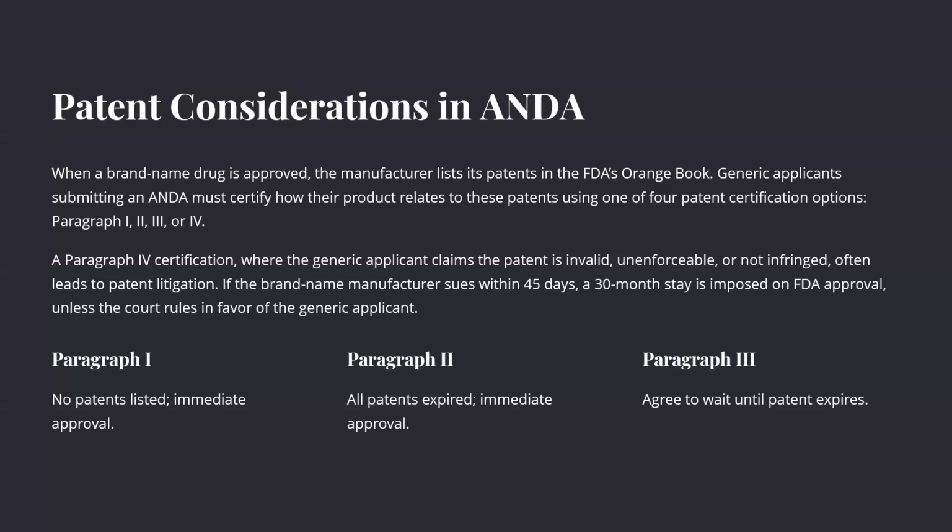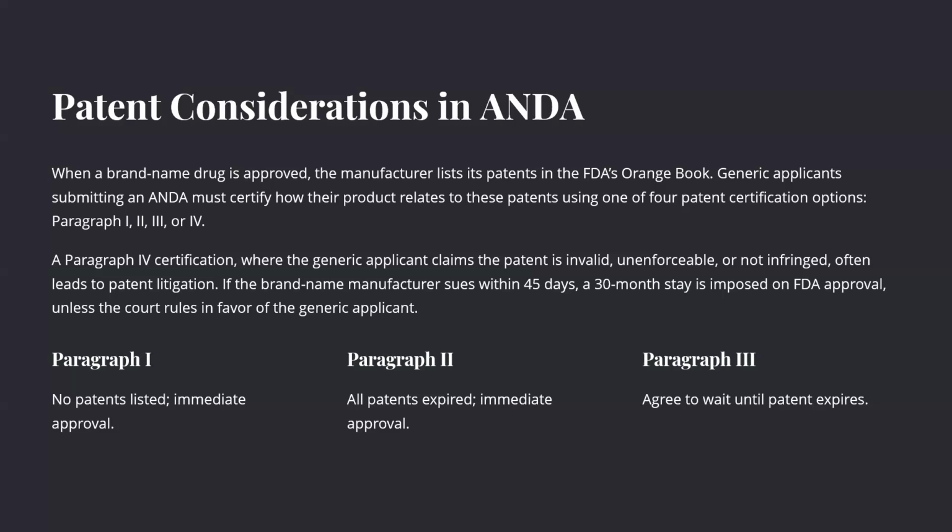All ANDA applicants must refer to the Orange Book when preparing their applications, so that they have an idea if the patent is about to expire or has expired, or there's a huge gap before the patent expires. In that case, they cannot file an application, as that would only cause legal actions to be taken against the manufacturer who's trying to file the ANDA application, right?